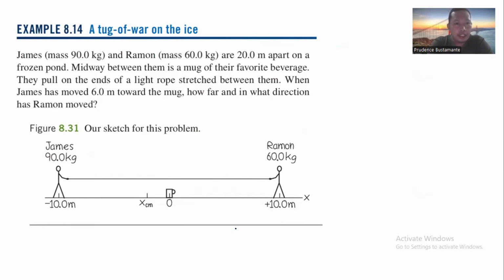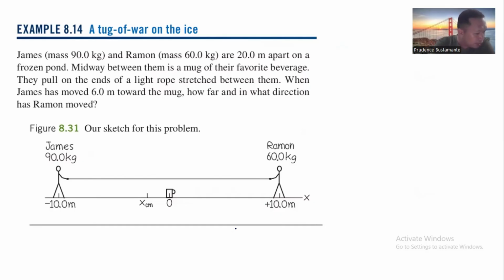They pull on the ends of a light rope stretched between them. When James has moved 6.0 meters towards the mug, how far and in what direction has Ramon moved?